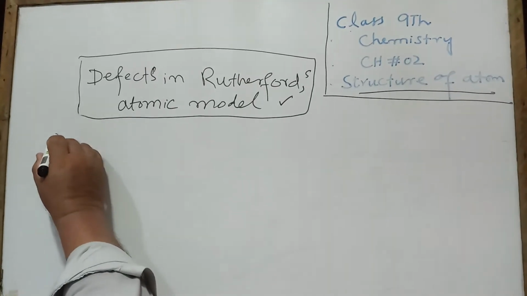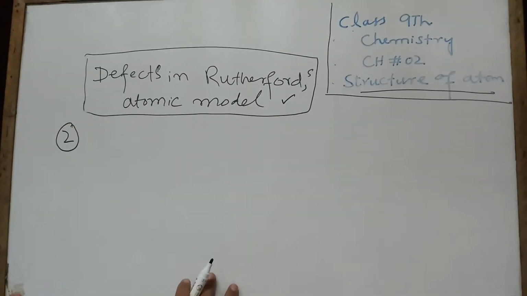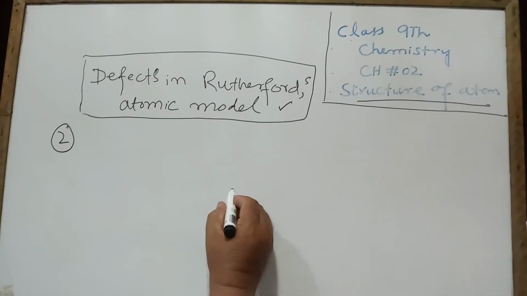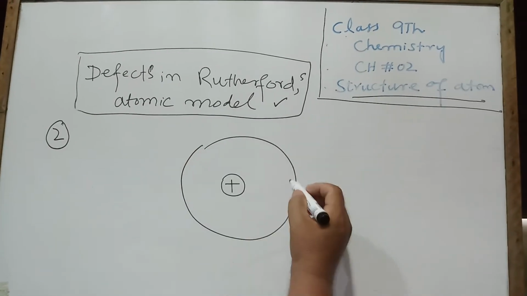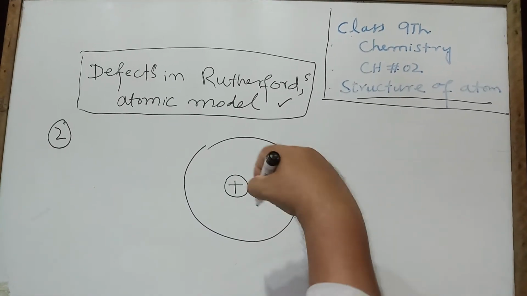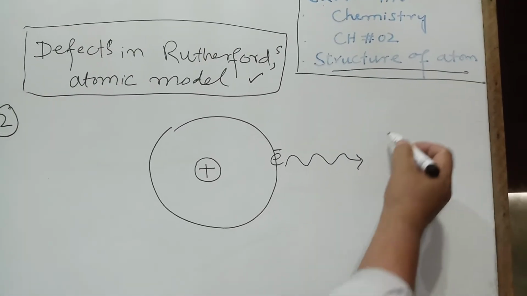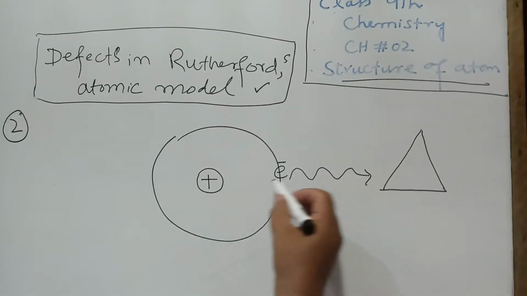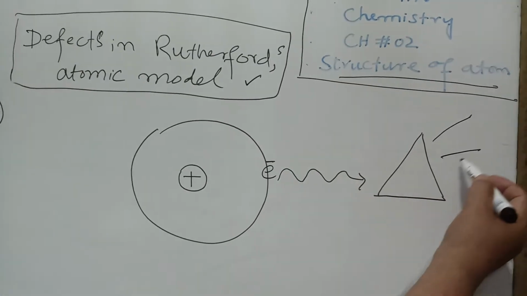Now I am going to discuss the second drawback of the Rutherford atomic model. Let's say this is the nucleus and this is the electron. The electron revolves and emits energy continuously. When this energy is passed through a prism, the light splits into various colors.